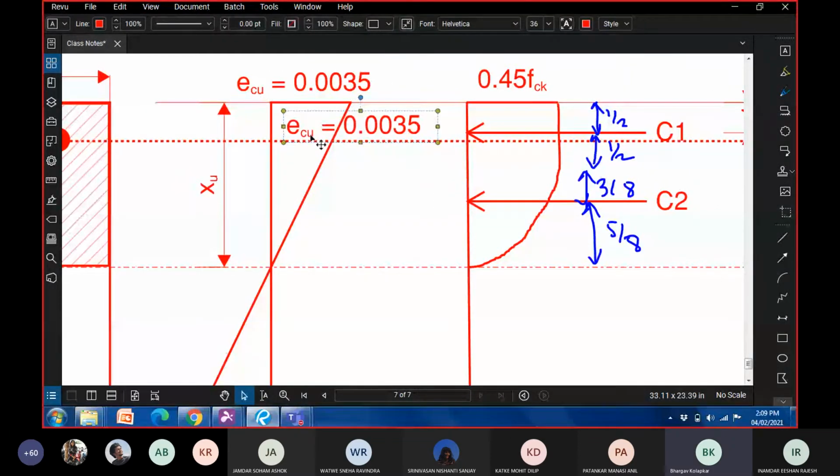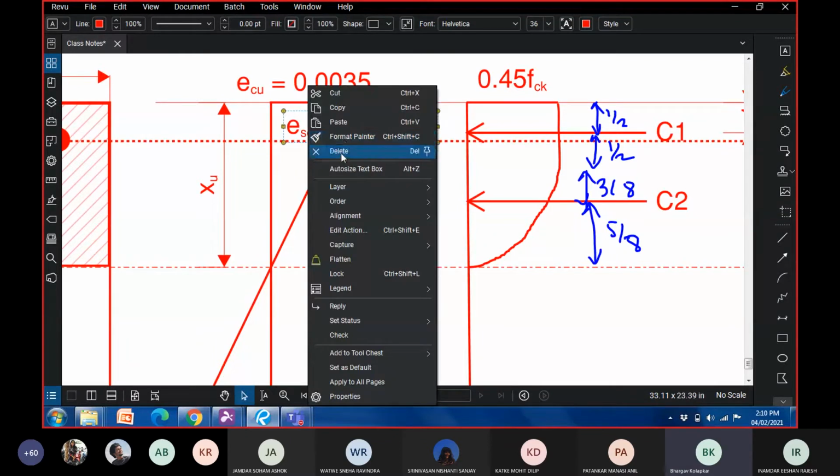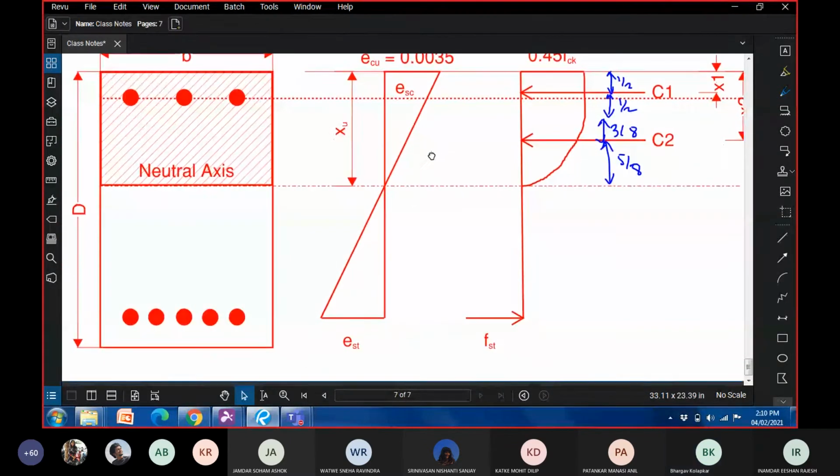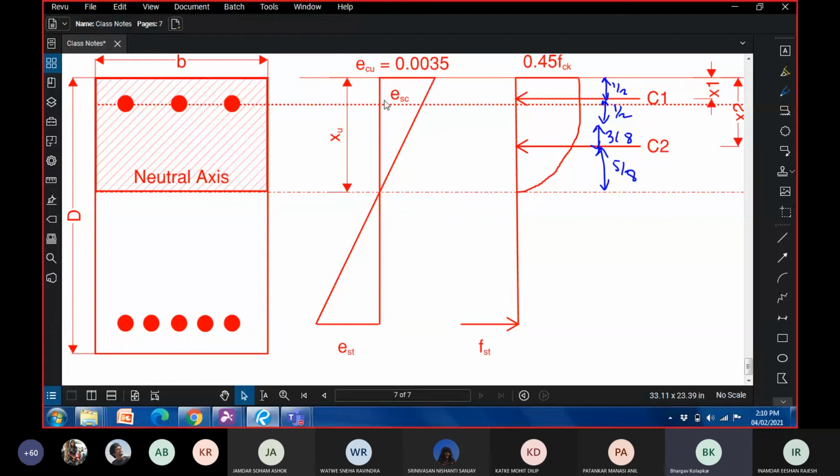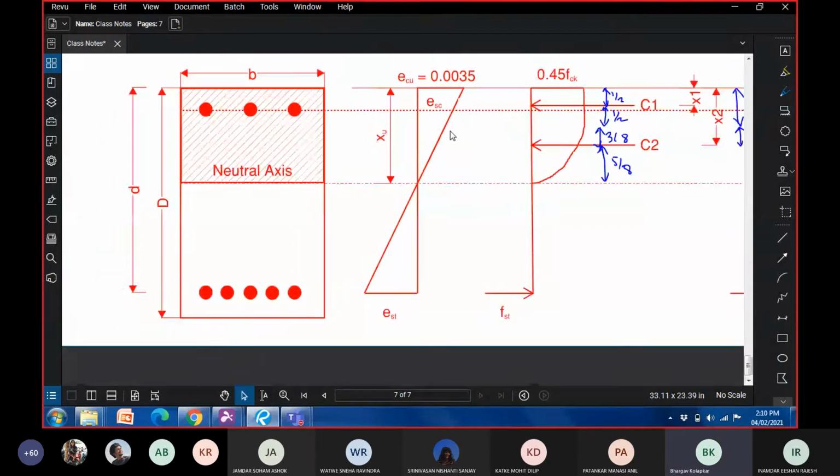Let us denote this by epsilon SC, meaning the strain in steel in compression. Epsilon ST means strain in steel in tension. Epsilon CU means strain in concrete at ultimate limit state, which is 0.0035. Okay, clear?